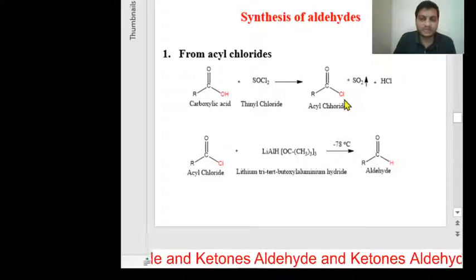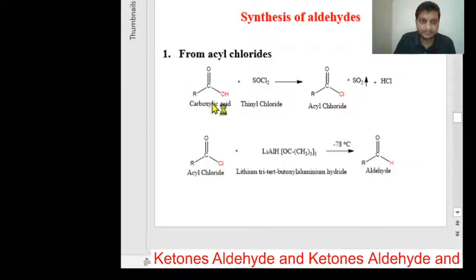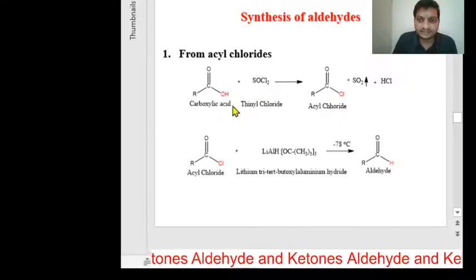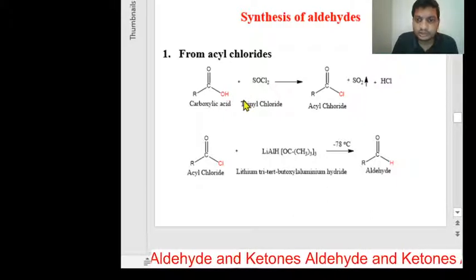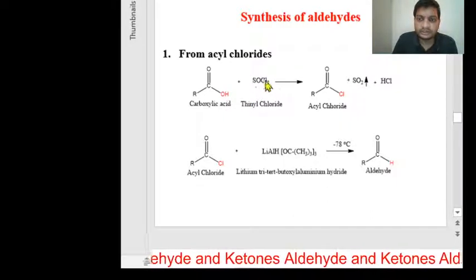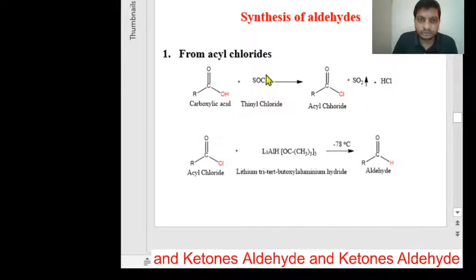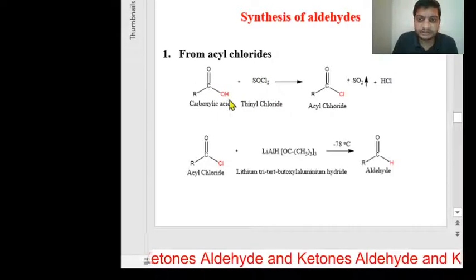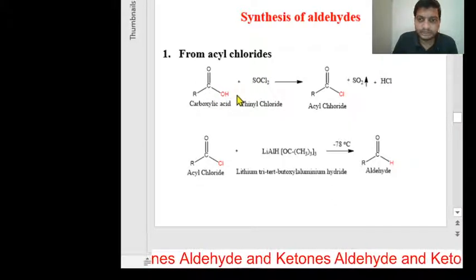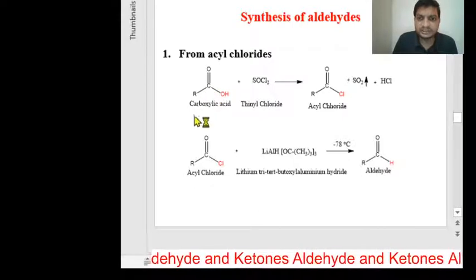Acyl chloride we can synthesize by using the carboxylic acid. So carboxylic acid, when treated with thionyl chloride, SOCl2, the chlorine from the thionyl chloride replaces the OH present in the acyl group.